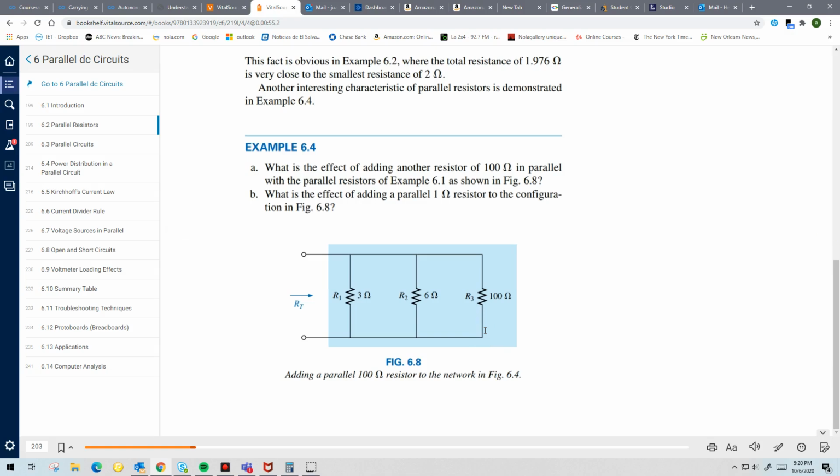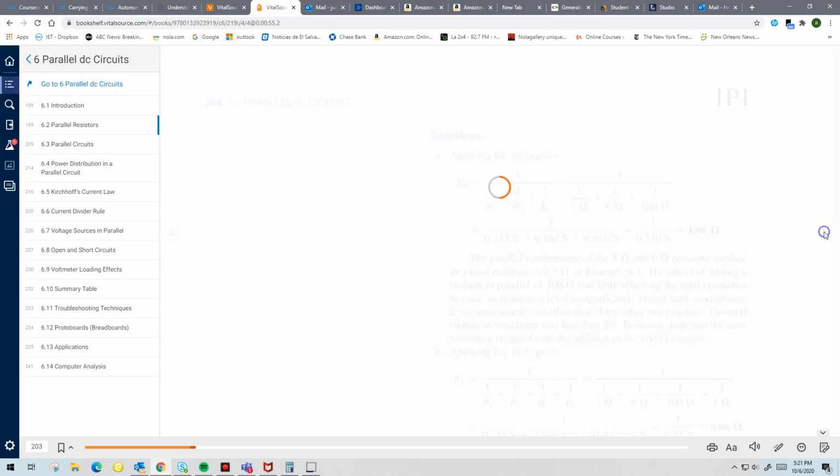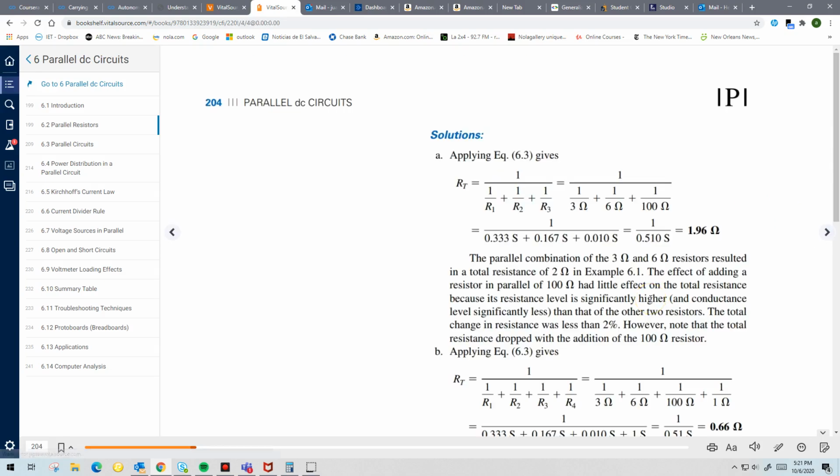What's going to happen to the overall total resistance? You may want to think about it for a minute before looking at the solution, and you should, because that's going to give you an idea of what's going to happen, whether you're moving in the right direction or not. So let's look at the solution, right? First of all, we apply the equation that we know for the 3 resistors that we have, right?